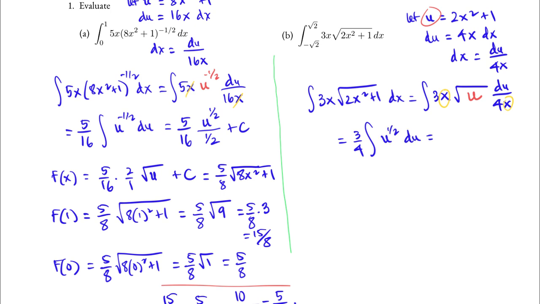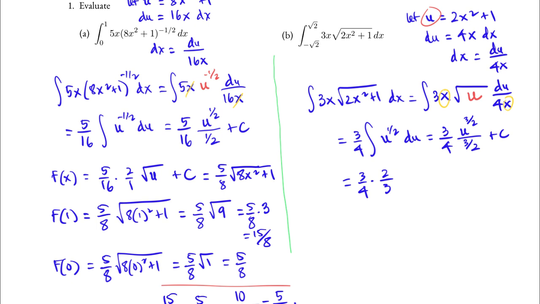Using the power rule for integration, we have constant multiple 3 over 4, so we rewrite it. For u, we add 1 to the power, 1/2 add 1 is 3/2, divided by the new power right away. Simplifying this, we have 3/4 times the reciprocal of 3/2, which is 2/3.